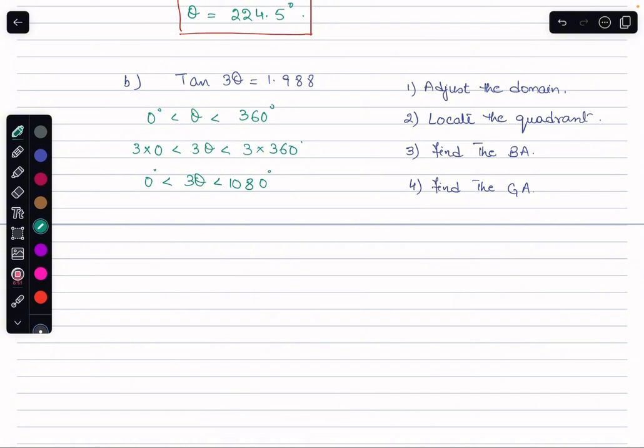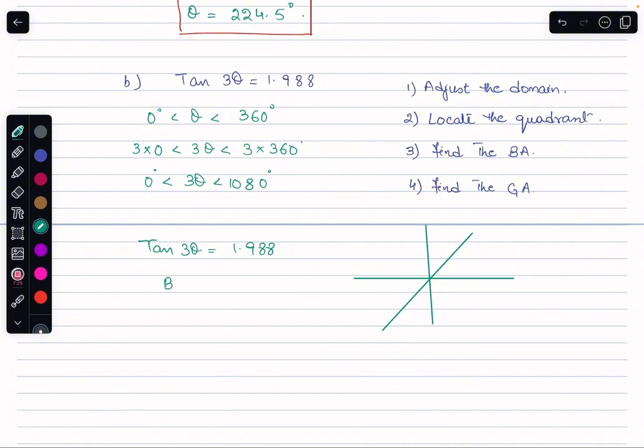So question is for tan 3 theta, which is equals to 1.988. We are done with the first step. We have adjusted the domain, which is from 0 to 1080 degrees. Now the second step is to locate the quadrant, and to locate the quadrant we should know that it's for tangent positive. So tangent positive, it should be lying in the first and the third quadrant. So first and the third quadrant, this is where the angle should be. Get the basic angle.